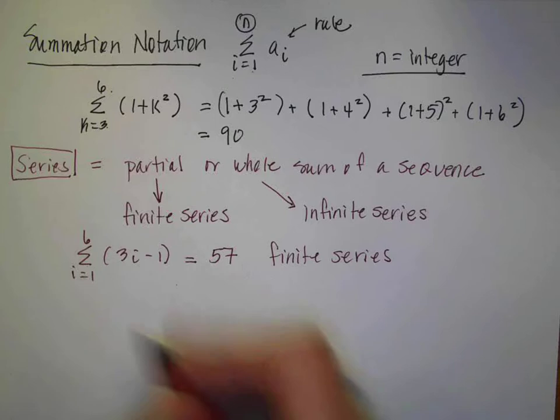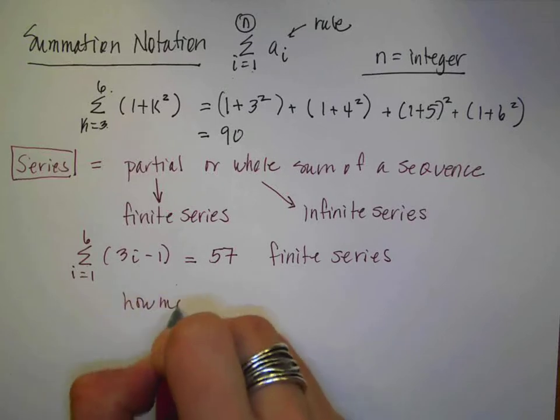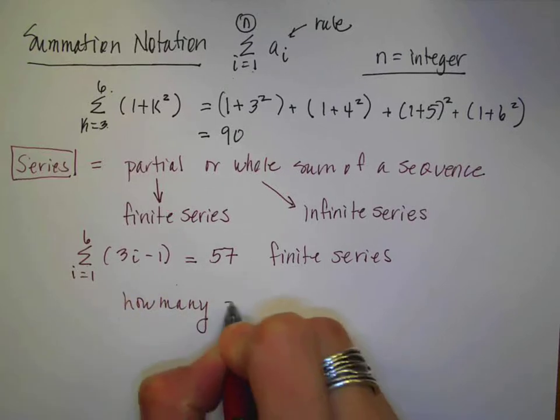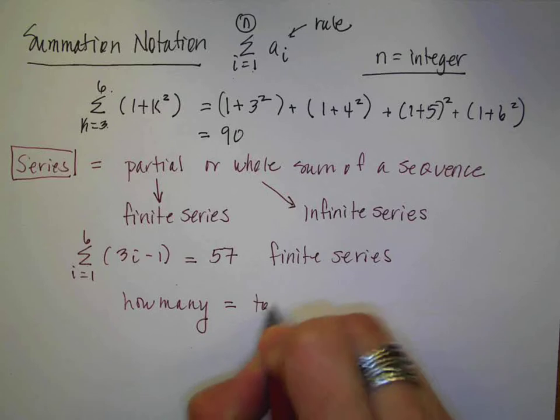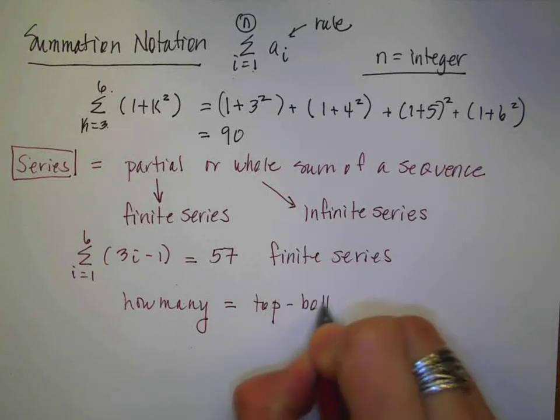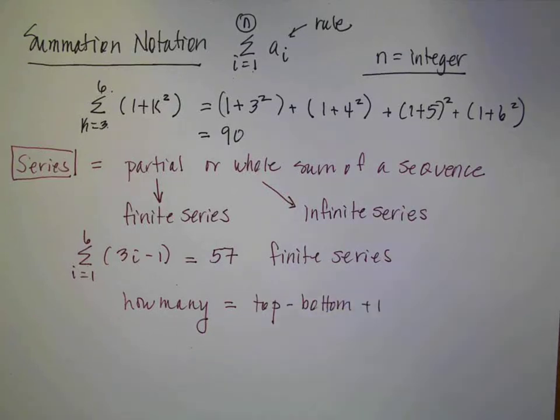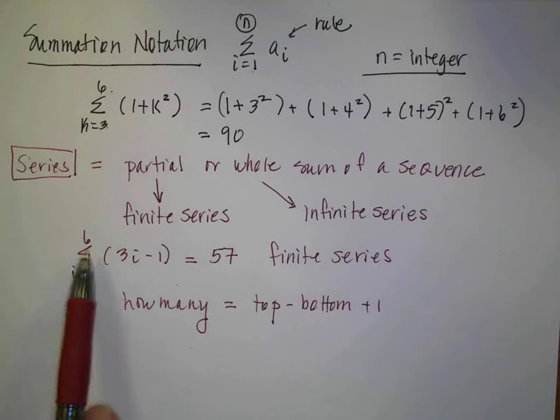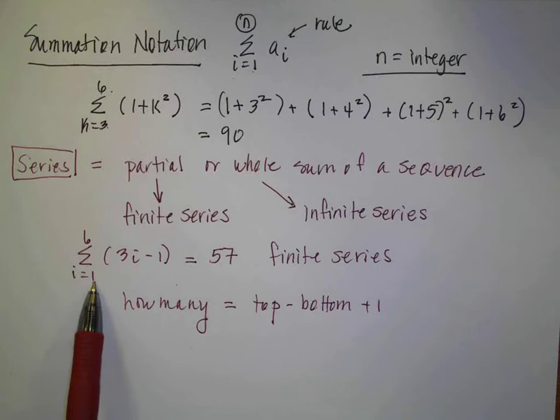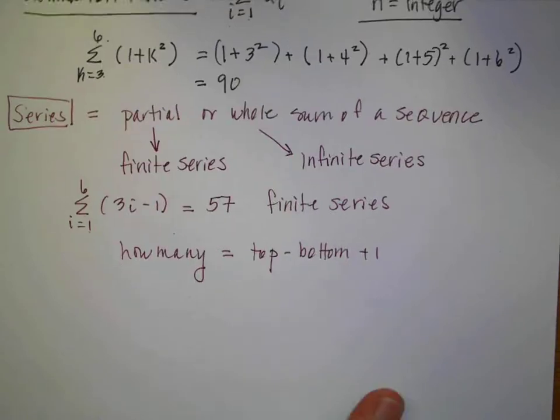It's always important to know how many terms are being summed, and the how many, I'll give you a variable for it in a little bit, is going to equal the top minus the bottom plus 1. Okay, so in this particular case, if I do 6 minus 1, I get 5, but I have to add 1 to make sure that I include both end points, and so it's the top minus the bottom plus 1. So in this particular case, I would be summing 6 terms.